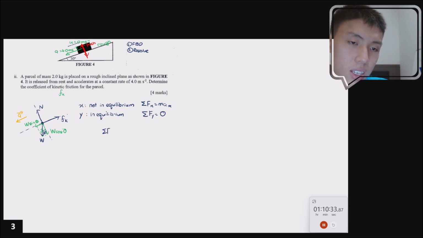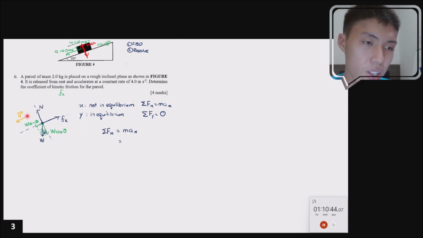So sum of Fx equals max. Sum of Fx consists of taking the force in the direction of acceleration minus the force opposite the direction of acceleration. Again, for sum of F equals ma, take the force in the same direction as the acceleration minus the force opposite the direction of acceleration.